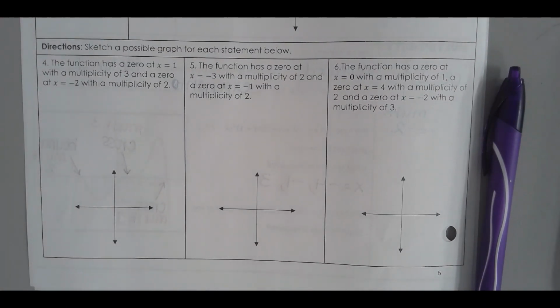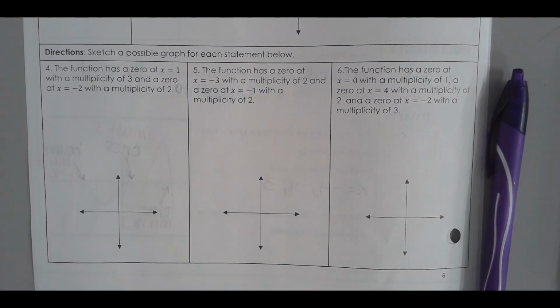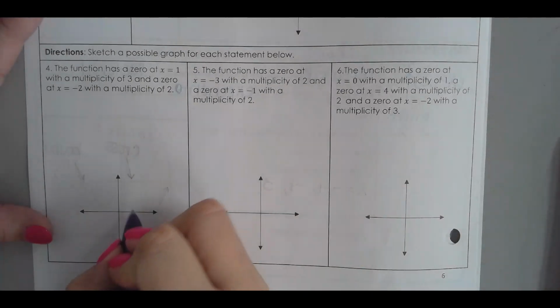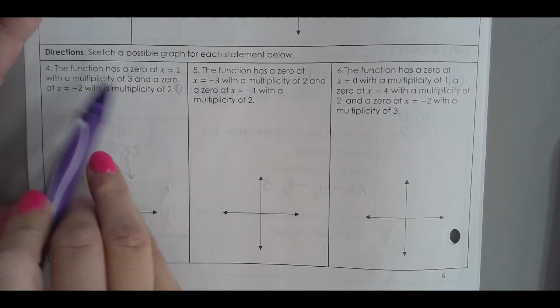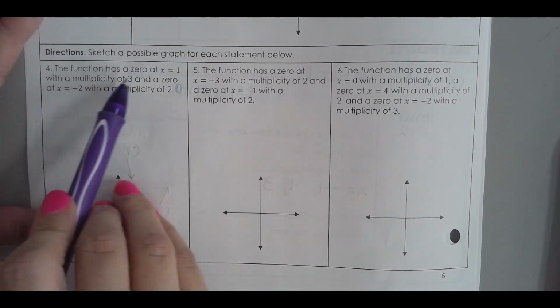Alright, so here I'm going to describe a function and you're going to sketch it out. We'll do some of them together. The function has a 0 at x equals 1, with a multiplicity of 3.